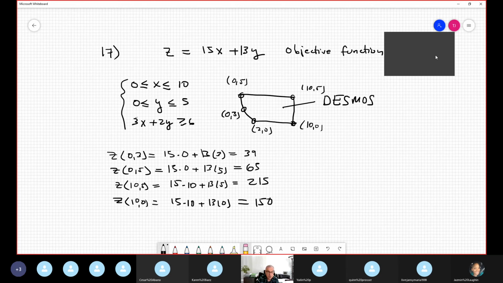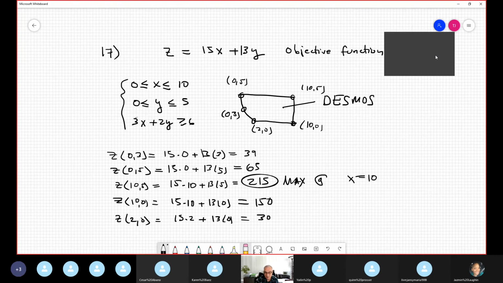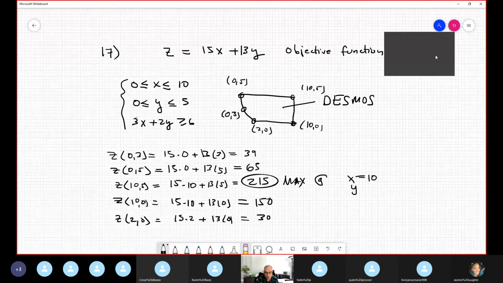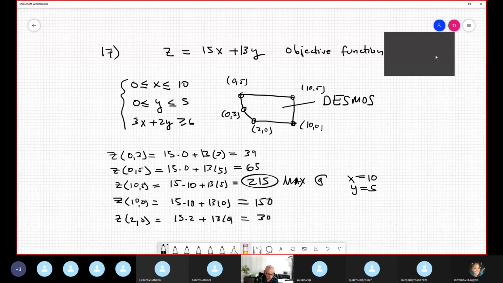Is it 150? Yes, it's 150. Z at (2,0) is 15 times 2 plus 13 times 0. It's 30. It's obvious that the maximum is this one, and this maximum occurs at x equal 10 and y equal 5. In the story, it is option D.